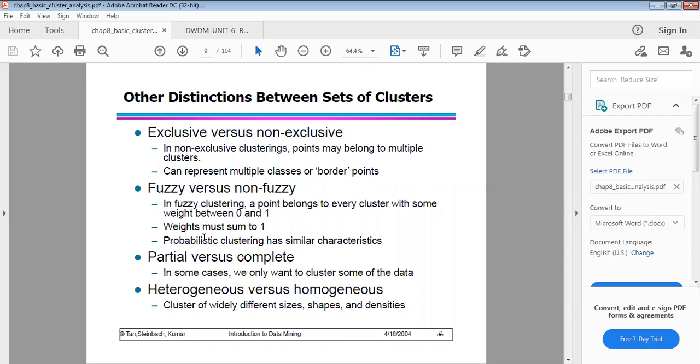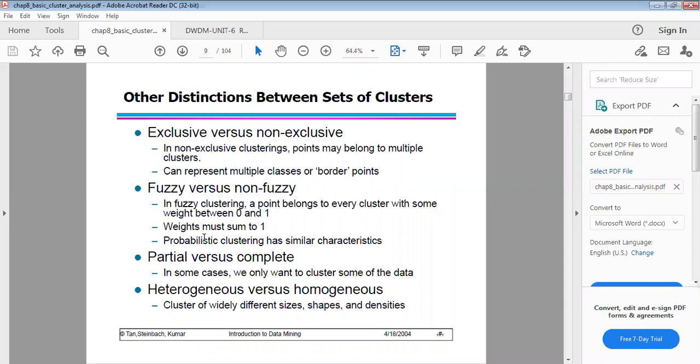Whereas in the second one, fuzzy versus non-fuzzy, in fuzzy clustering a point belongs to every cluster with some weight between 0 and 1. Weights must sum to 1. Probabilistic clustering has a similar character.